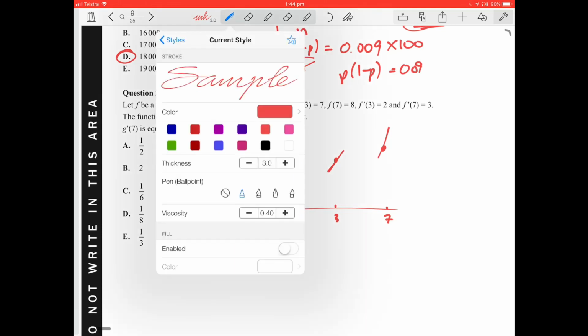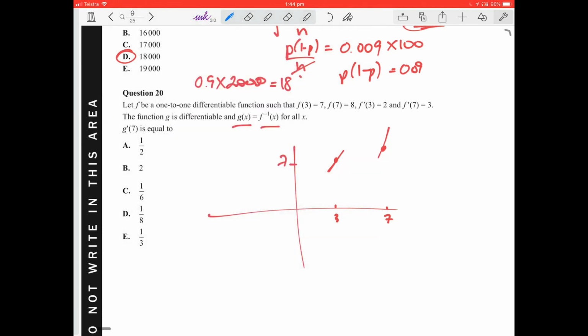Okay, so let's think about it. We're going to swap all the points. So that will become 7, 3, and that will become 8, 7.